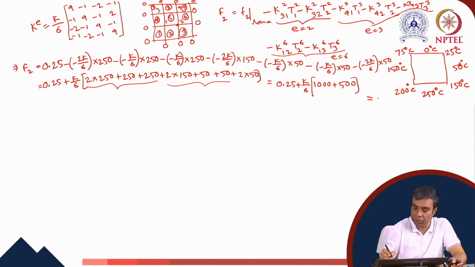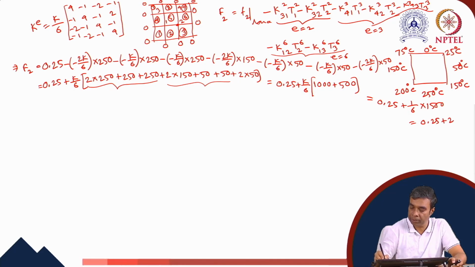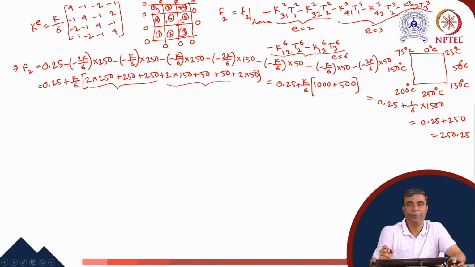So this is equal to 0.25 plus K is 1, so it is 1 by 6 into 1500. So this is 0.25 plus 250, this is 250.25. Similarly, we can calculate F3 and F4.